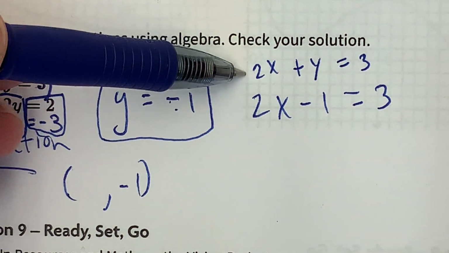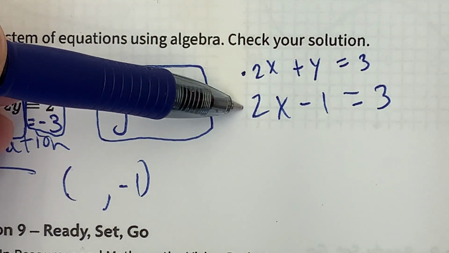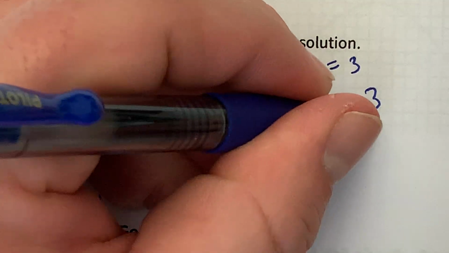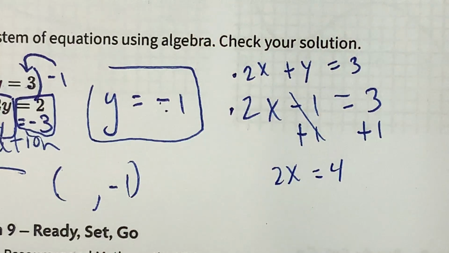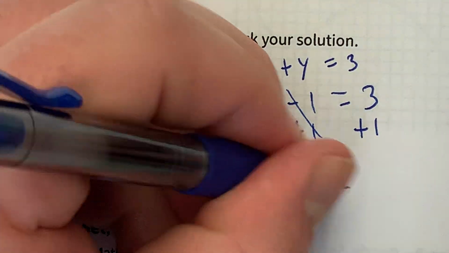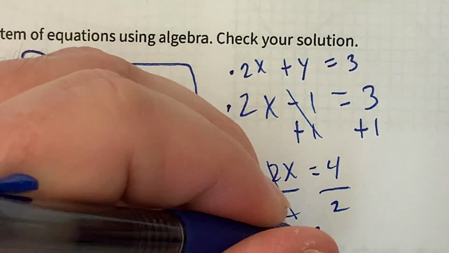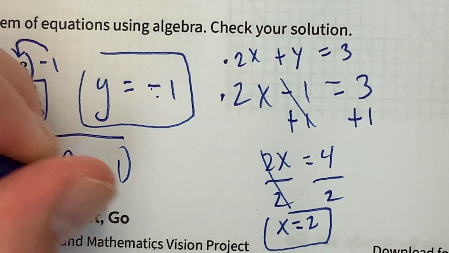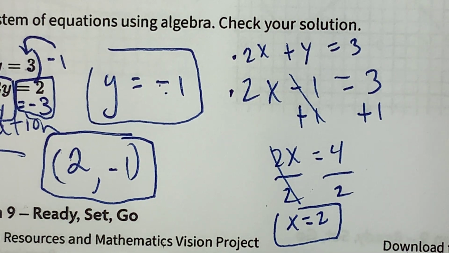This is the original. This is me plugging in my -1. Okay. Now I solve for x by adding 1 to both sides. I have 2x equals 4. Divide by 2 on both sides. X equals 2. Throw in 2 in my answer. There's my solution. 2 comma -1. If you need to watch that again, please do.